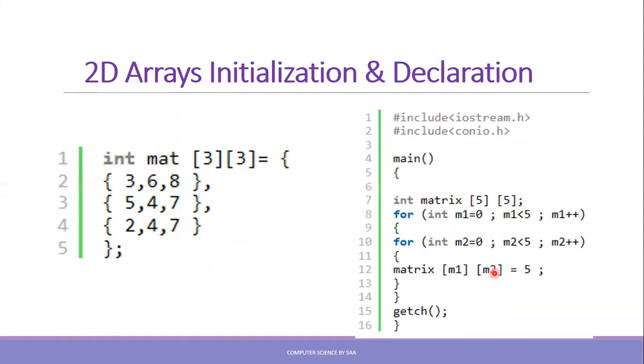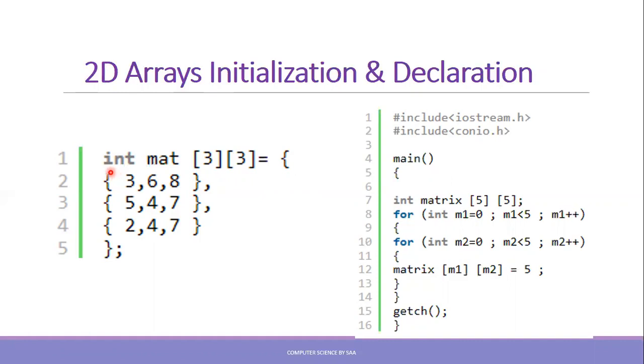This is how we can initialize and declare a 2D array. First of all, let's discuss the first example. Here we have initialized an array with the declaration of the array.